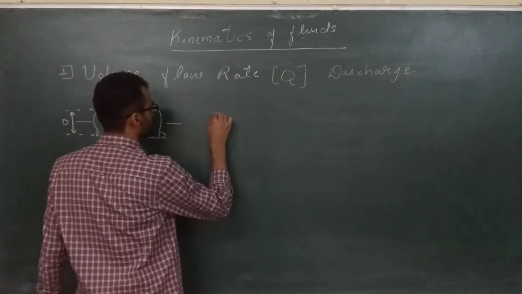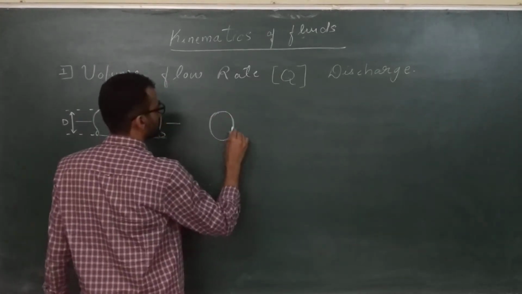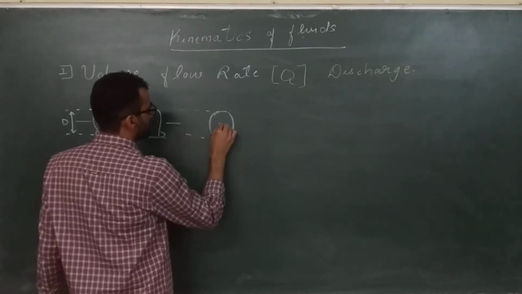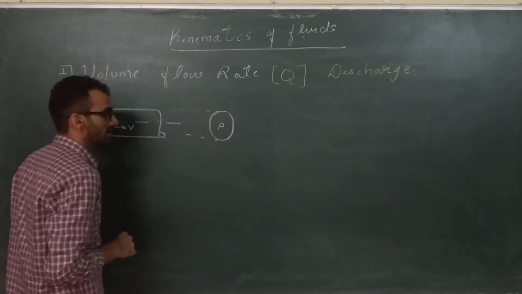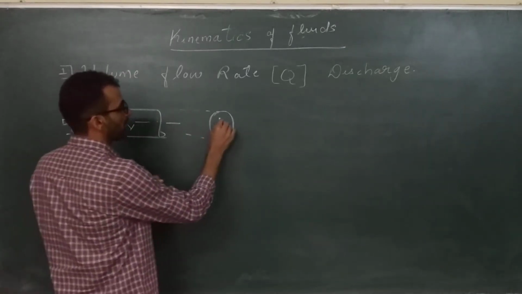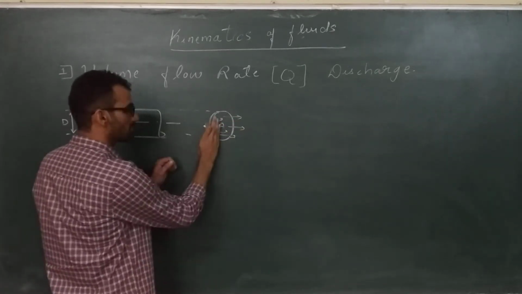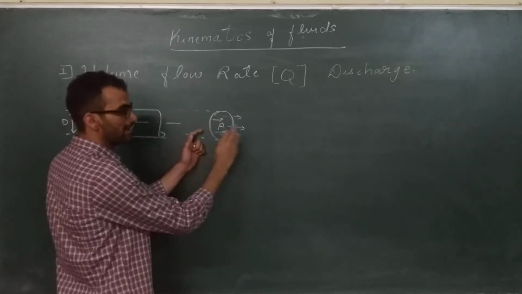So this will be the cross section of the pipe, with a cross sectional area A.